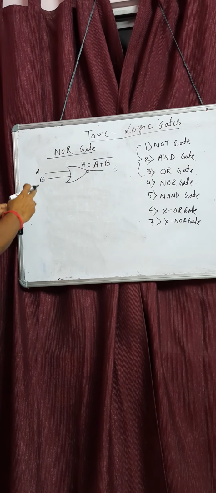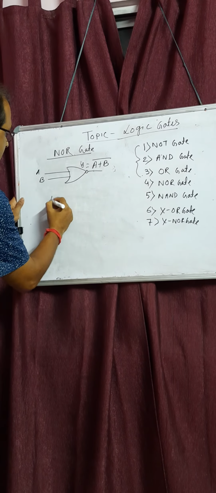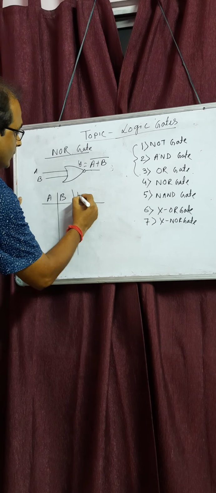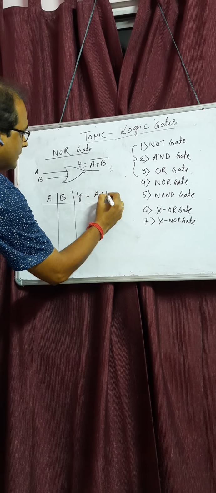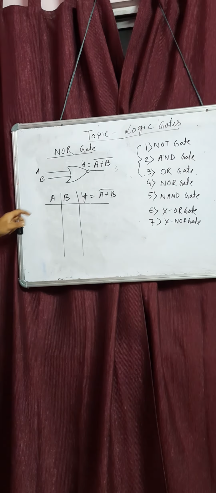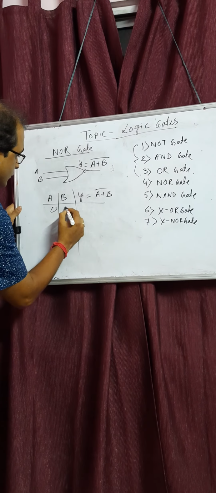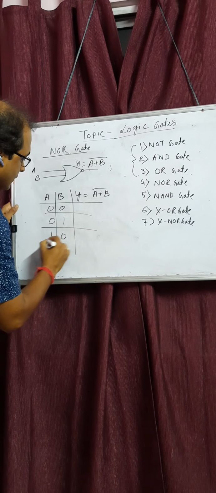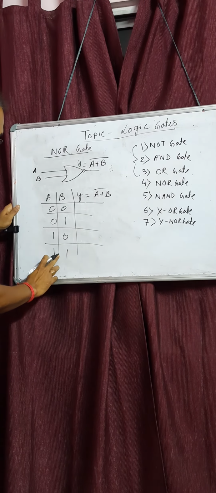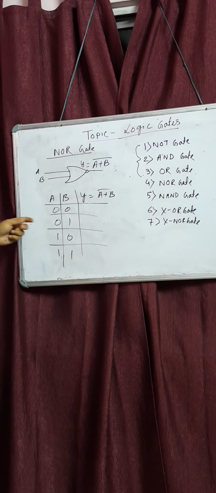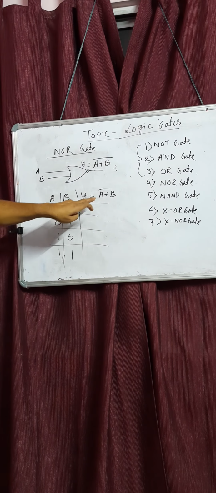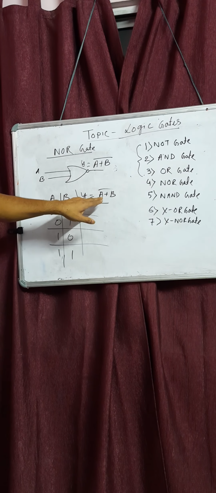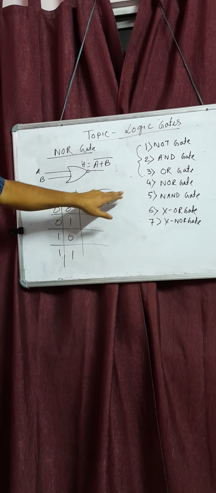Now again we are applying two inputs, A and B. Possible combinations are also 4, and output will be A plus B complement. So possible inputs are 0 0, 0 1, 1 0 and 1 1. See here, when both inputs are 0 0, 0 plus 0 in Boolean algebra gives the output 0.